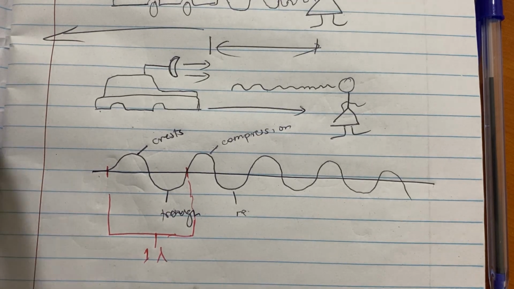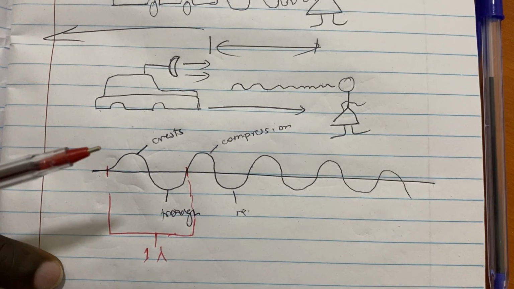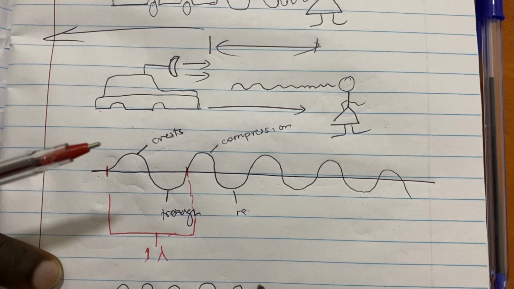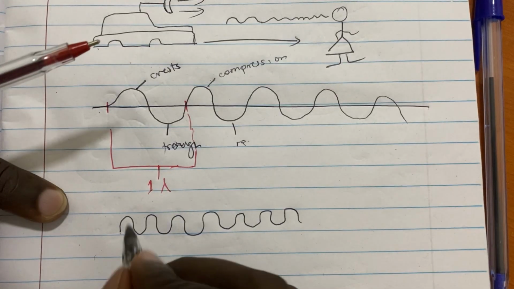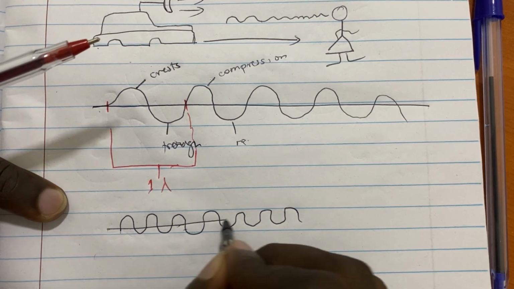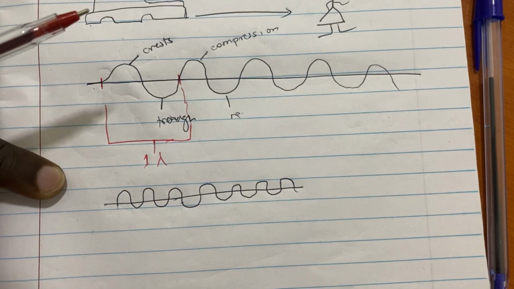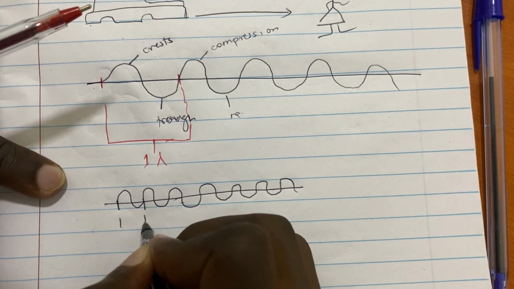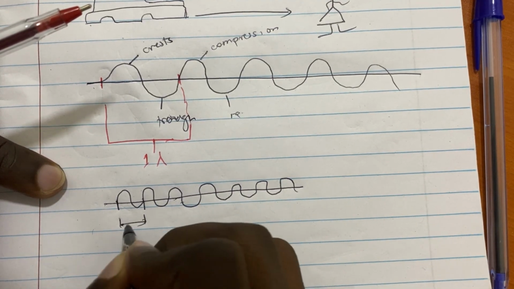If we have another wave moving like this, from here up to here, still it is one wavelength.